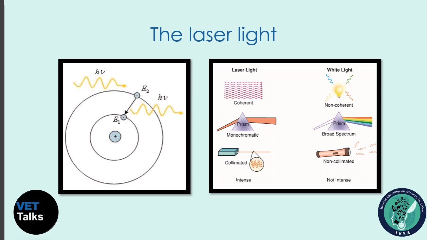Furthermore, the laser light is also monochromatic, which means that the photons that compose the beam have the same wavelength, and the laser beam is coherent because all the photons are synchronized in time and space. These are basically the main differences between a laser light and a white light.